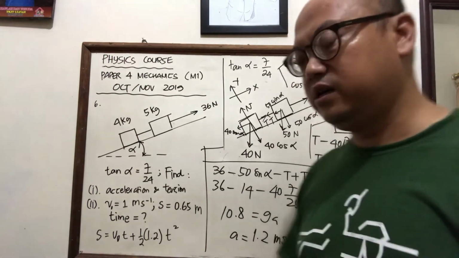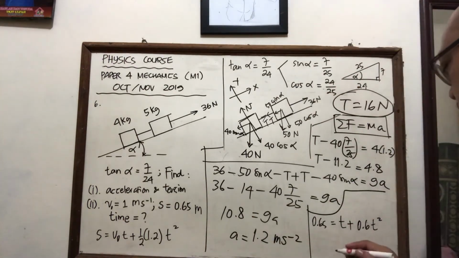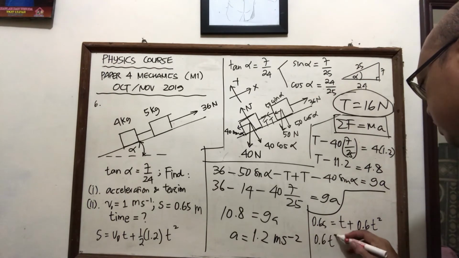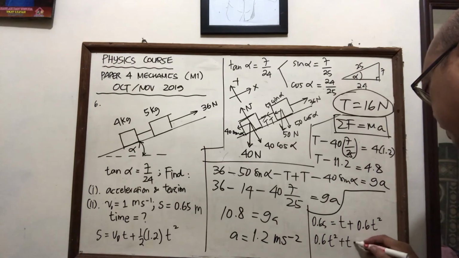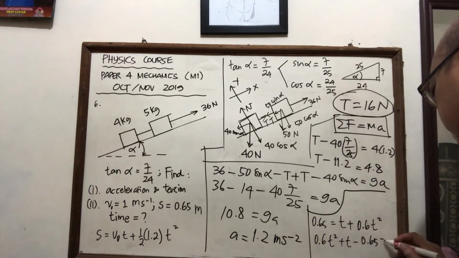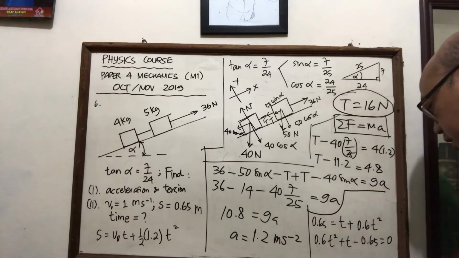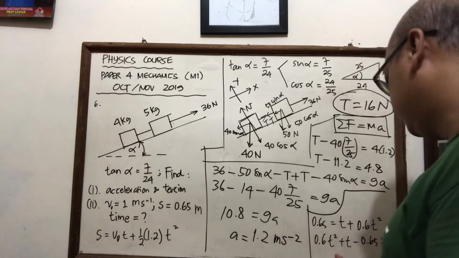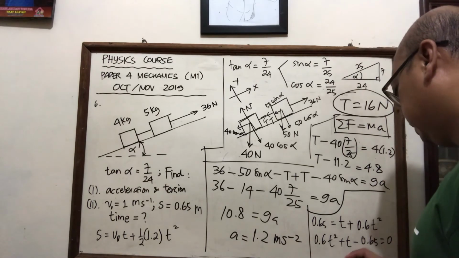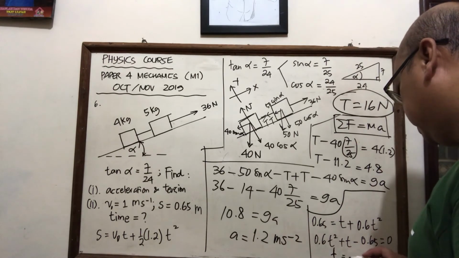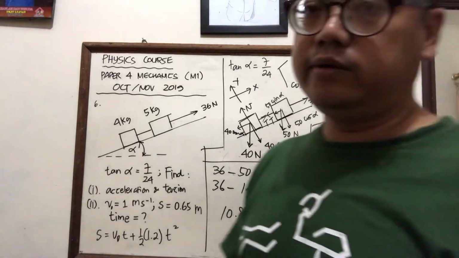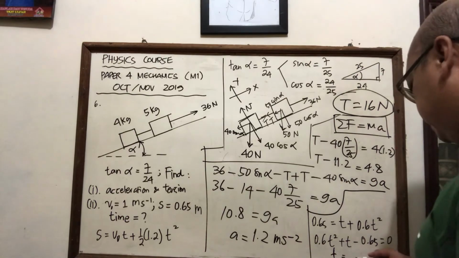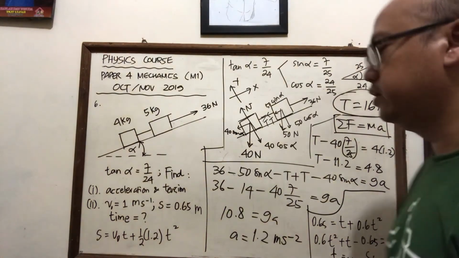If we use the quadratic equation, we get 0.6 t squared plus t minus 0.65 equals 0. We can use the calculator to find it, and you take the positive time, not the negative time, and you get t in seconds.